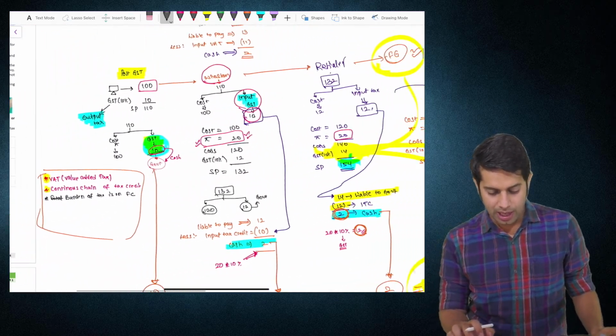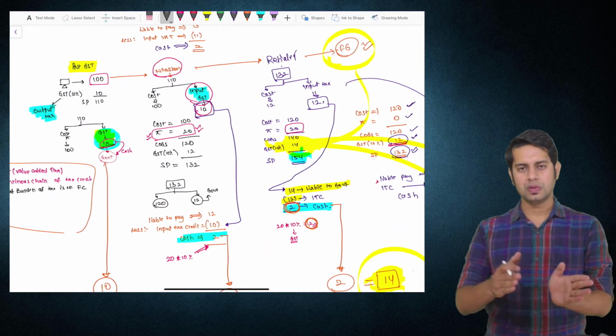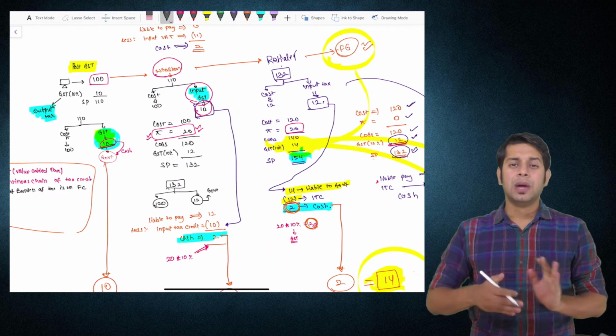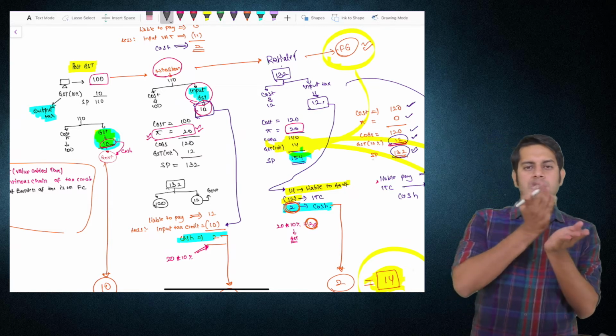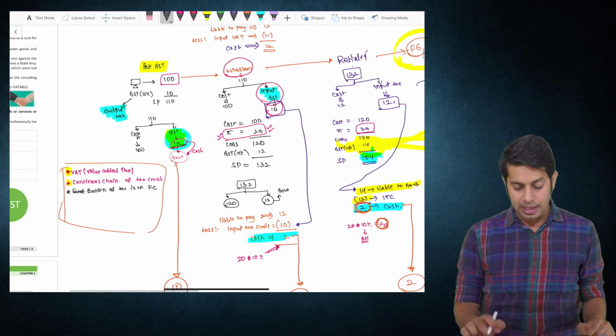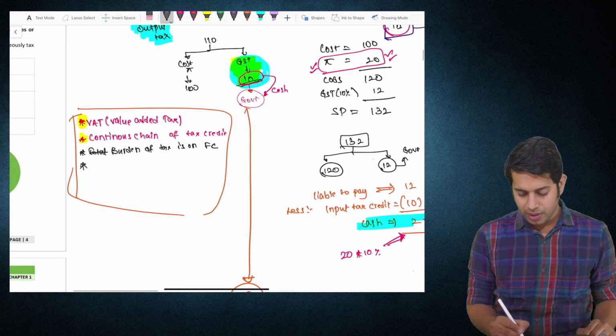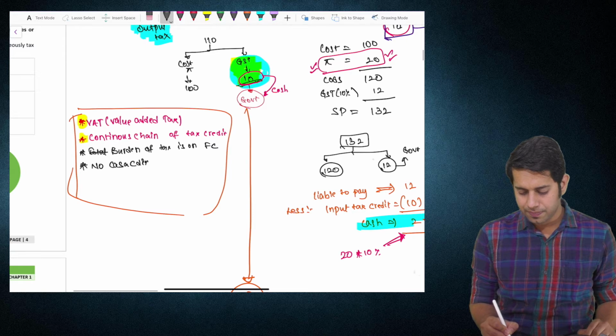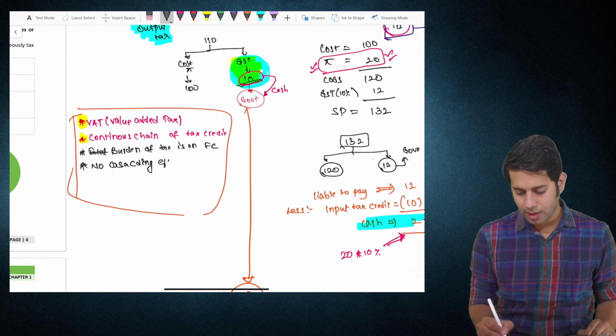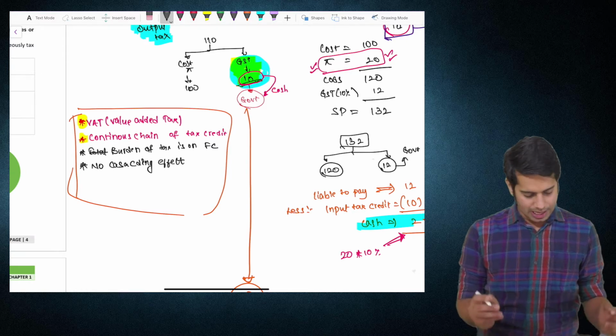And one more point. Under GST, at each and every stage, because a benefit is given to the next person of the tax which was paid by him to the previous person, there is no cascading effect.